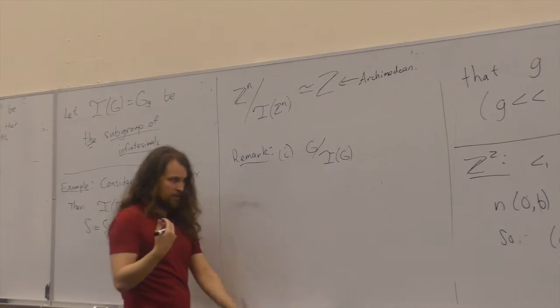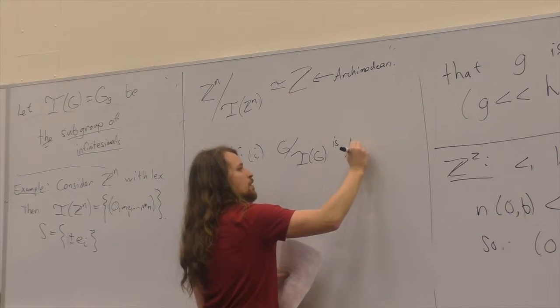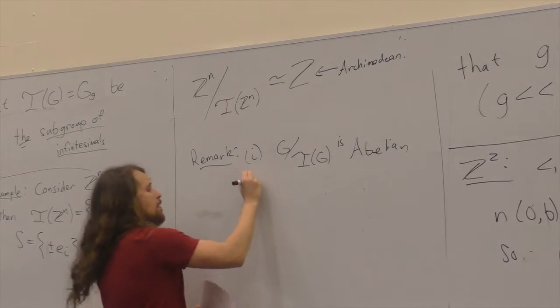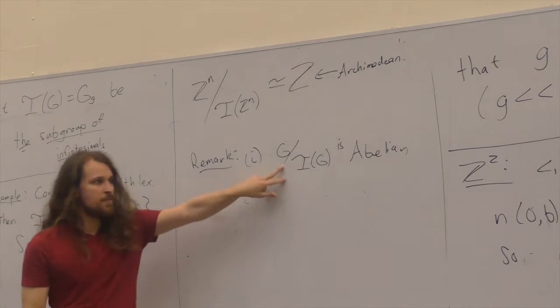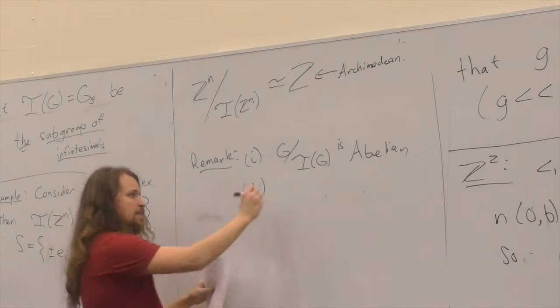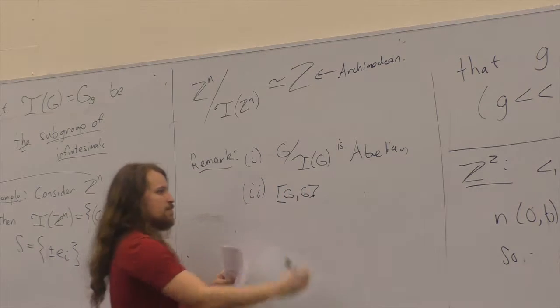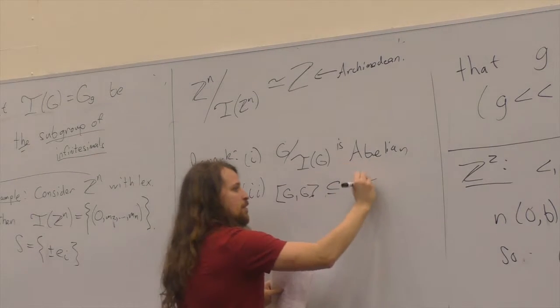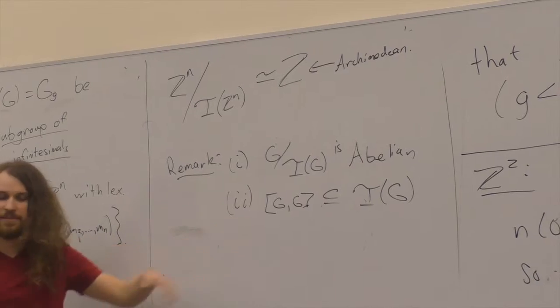One, since we're killing off all our infinitesimals, this quotient's always abelian. Two, since this is abelian, we have for free that the commutator subgroup is contained in the infinitesimal subgroup. I'm going to be using this in a second.